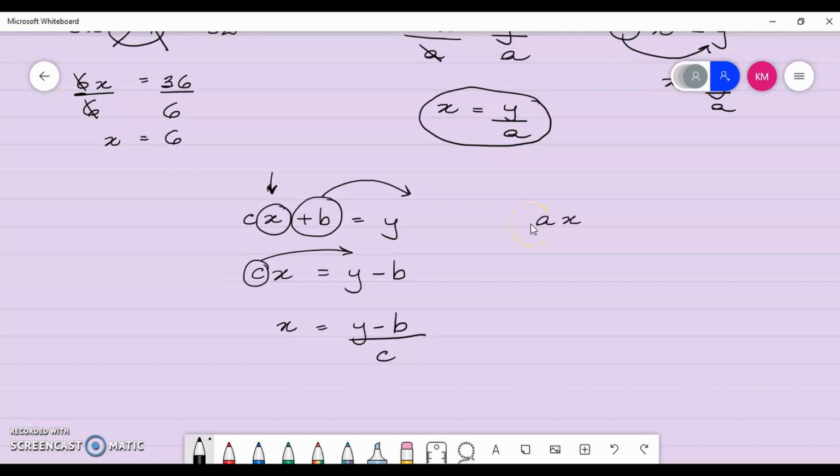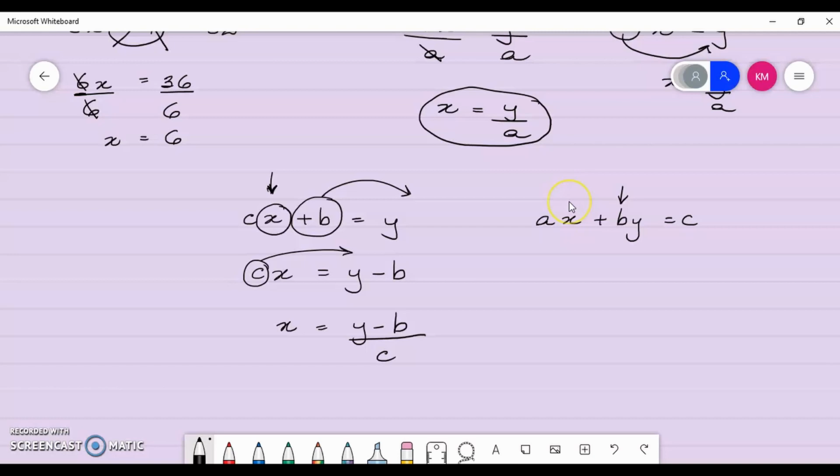Let's say I have ax plus by equals c, and I want to make b the subject of my equation. Now remember, I told you, you have to start reading from that variable that you want to make the subject of the equation. And in this case, b needs to be the subject of my equation. So I'm going to start reading my equation from here: by plus ax equals c.